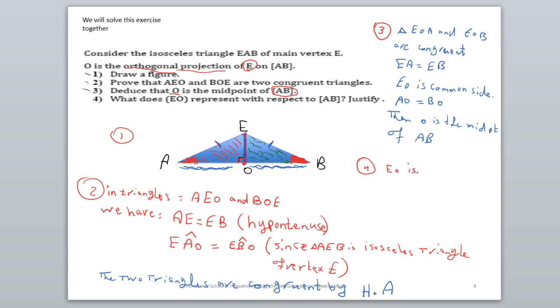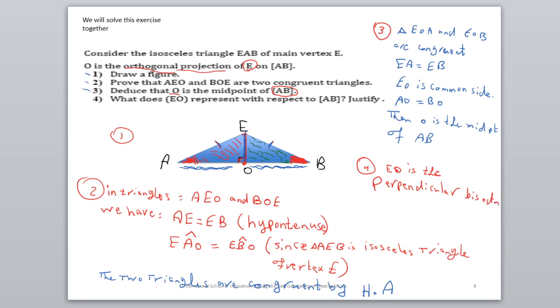So EO is perpendicular to AB, and there is a word called bisector.